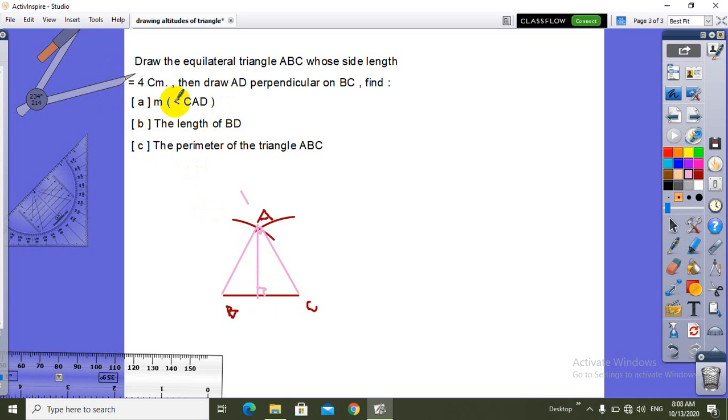And I want to find the measure of the angle CAD. This is D. The angle CAD, I want this A between C and D, this angle, I want to get its measure. How do I do this? By using the protractor.